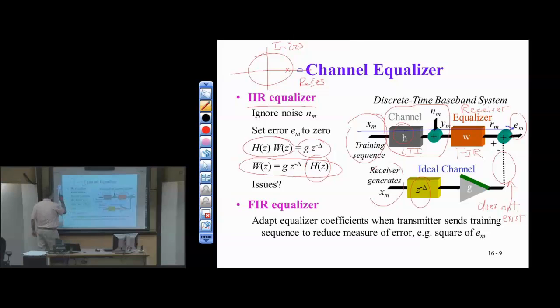If this distance is r, then this distance is 1 over r. Remember that from all-pass filters? So I have a zero in the channel, and then my pole in my equalizer would be there to compensate.